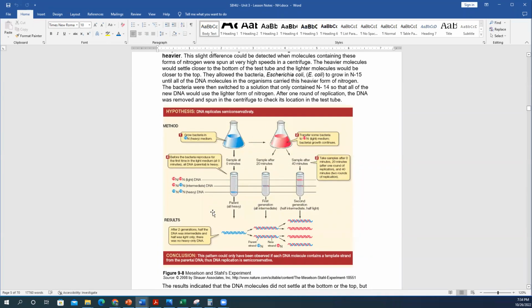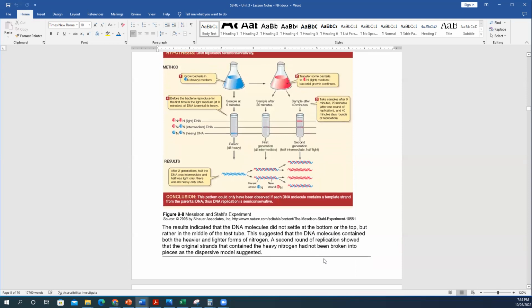They went ahead and labeled DNA and went through rounds of replication, after first generation and second generation, and they spun these DNA in the centrifuge to see light and heavy strands depending on how they were labeled, and they were able to show that in fact this was happening in a semi-conservative manner, where each strand would be used as the template to create the next set of strands.